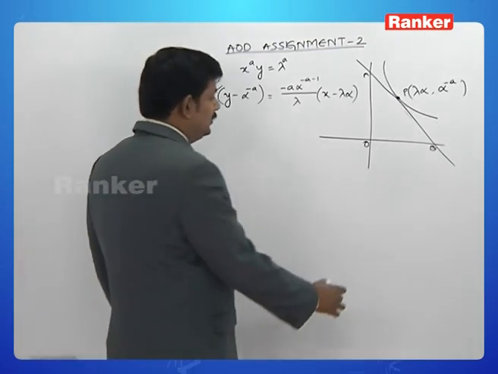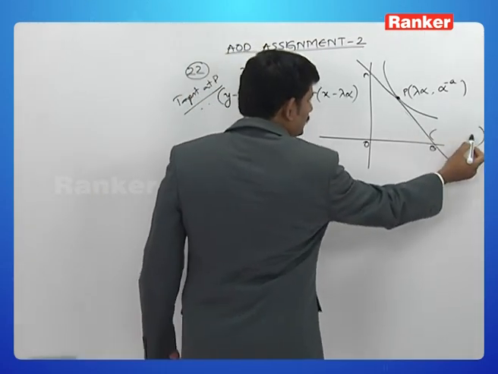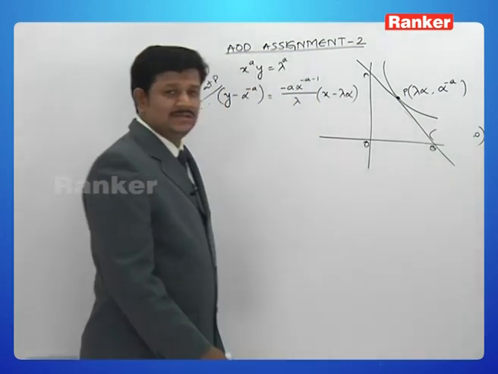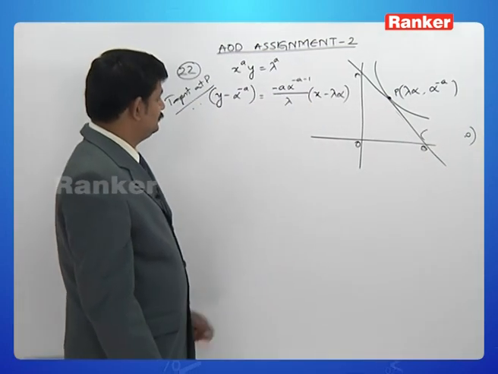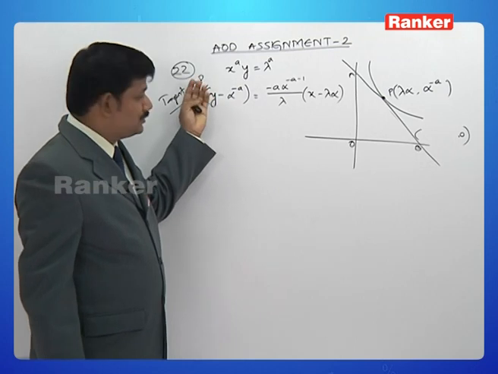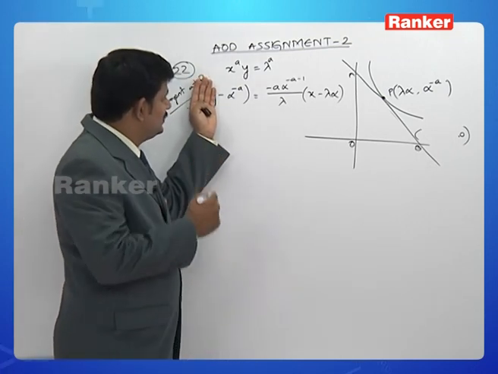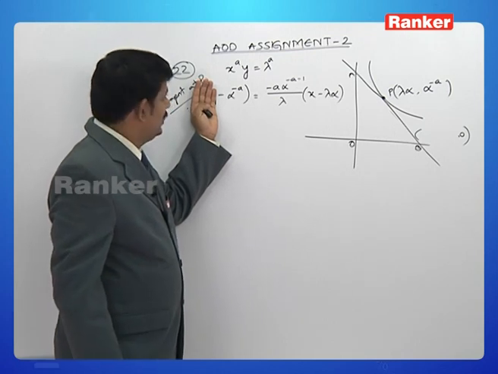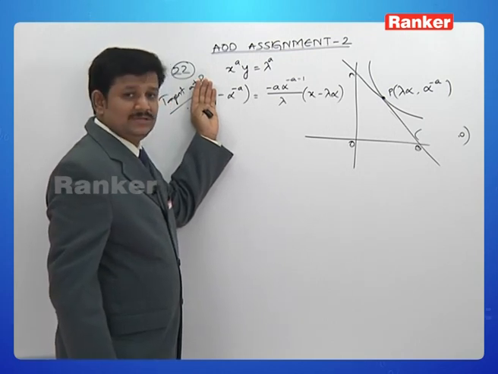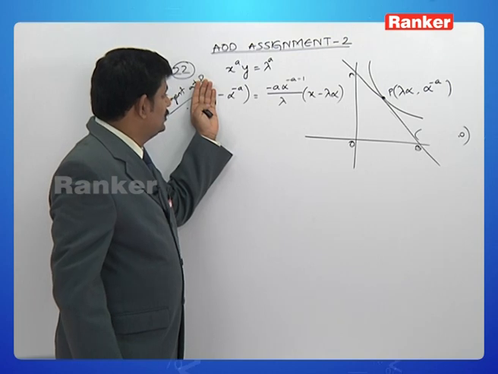Now, to get the coordinates of the point B on the x axis, the y coordinate will be 0. So let us put y equal to 0. Once this is 0, the minus sign gets cancelled and α^(-a) gets cancelled, so we are left with 1.